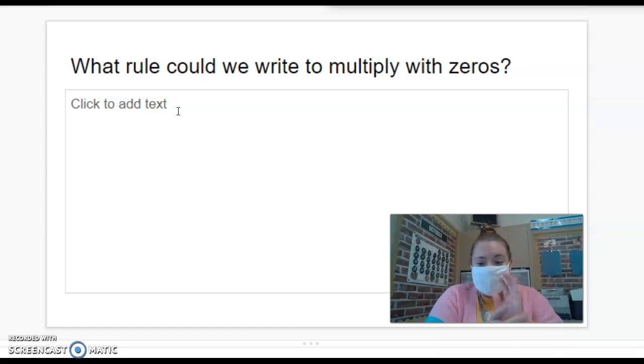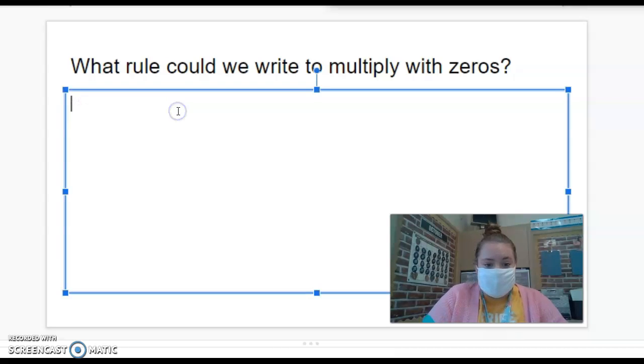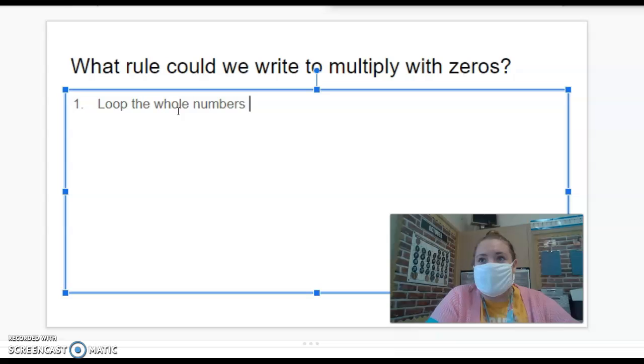So when we multiply with zeros, the very first step I want us to do is loop the whole numbers, because those are going to give us the beginning of our pattern. And then we're going to add in the zeros.